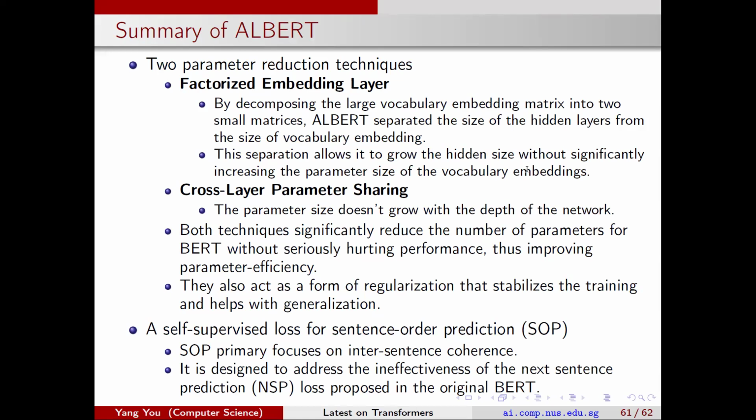They have three techniques: we decompose the embedding layers, we share parameters, and we improve the loss. You can use exactly the same thing for another model, with a better model. That's the technique of ALBERT.